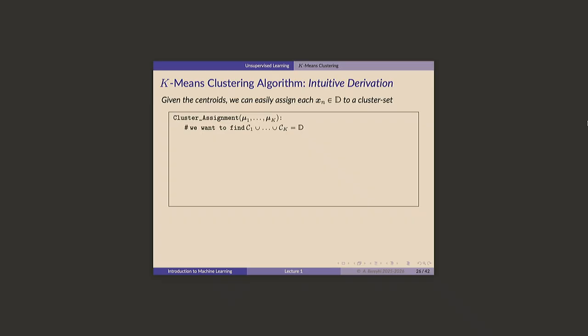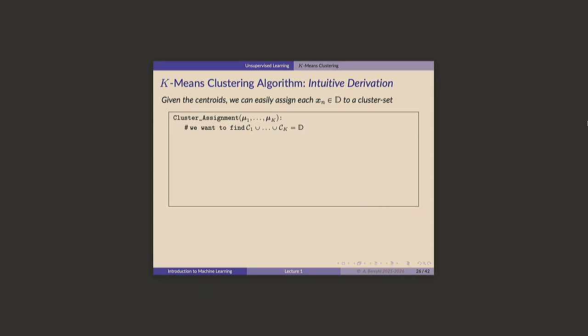So the first thing that I'm going to do is consider my data set. Let's say that I give you a bunch of centroids. Maybe I start my centroids anywhere. Now that you have these centroids, I'm going to consider a bunch of sets. So I have my data set, these are the sample bank accounts that I checked.